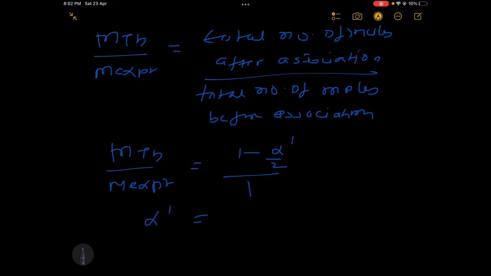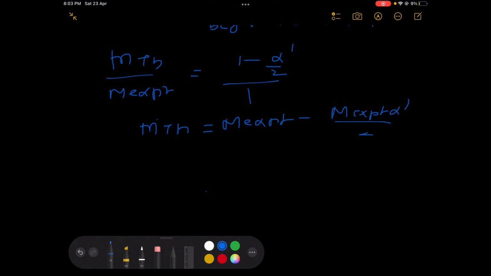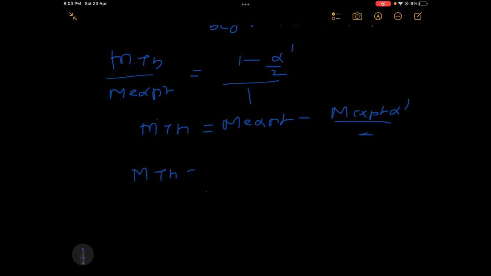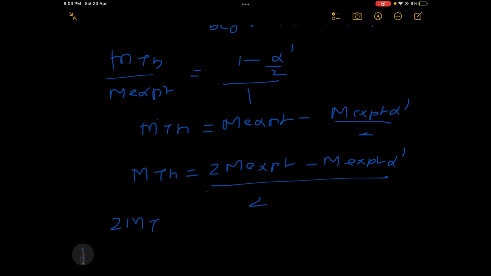M theoretical equals 2 M experimental minus M experimental into alpha dash, over 2, so 2 M theoretical is equal to 2 M experimental minus M experimental alpha dash.